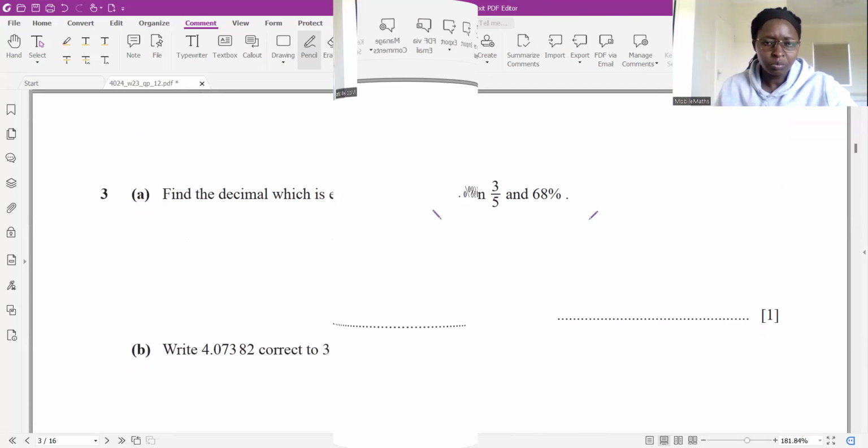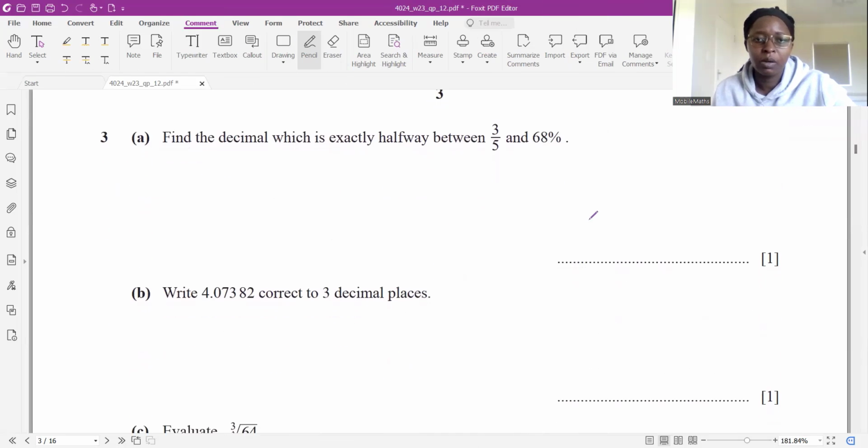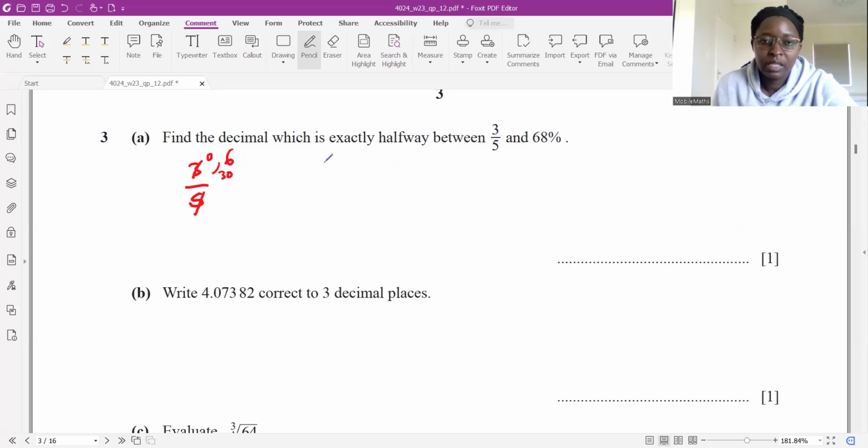Let's move on. Find the decimal which is exactly halfway between 3 over 5 and 68%. The easiest way is to convert all of these into decimals. 3 over 5: 5 into 30 is 6, so 0.6.